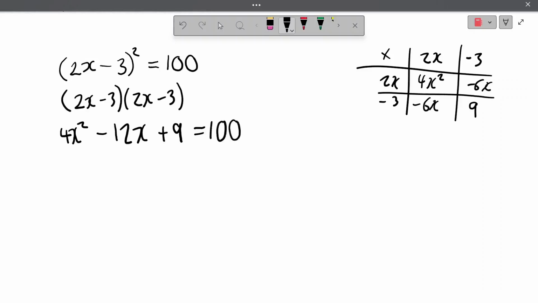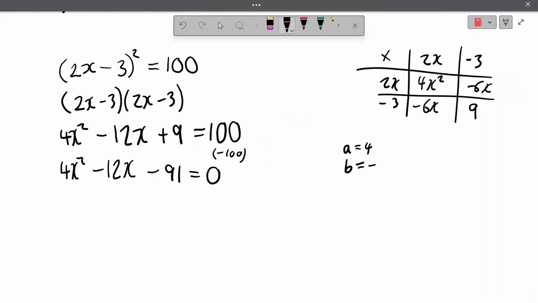Now to use the quadratic formula, we need to make it equal to 0. So we have 4x squared minus 12x. And then what we need to do with our numbers, we need to take away that 100. So you minus 100 from both sides, and you get minus 91 equals 0. And then you can use the quadratic formula, where a equals 4, b equals minus 12, and c equals minus 91.